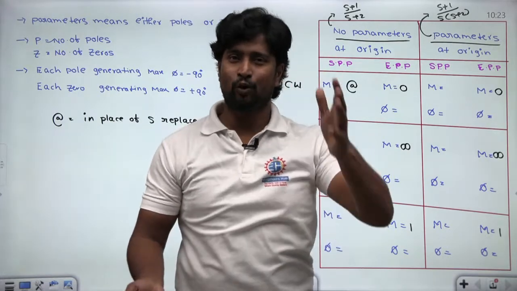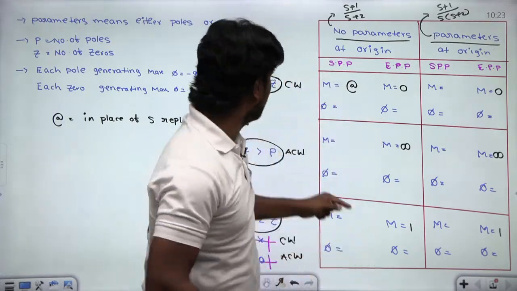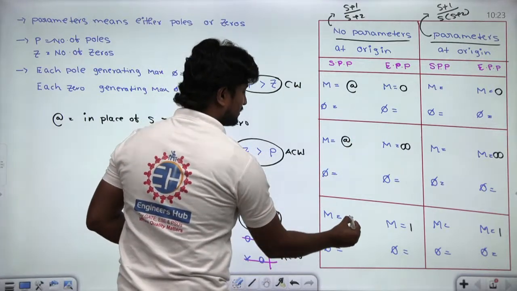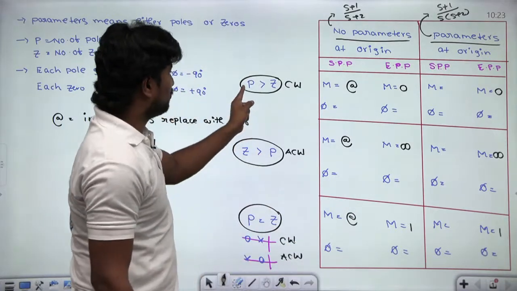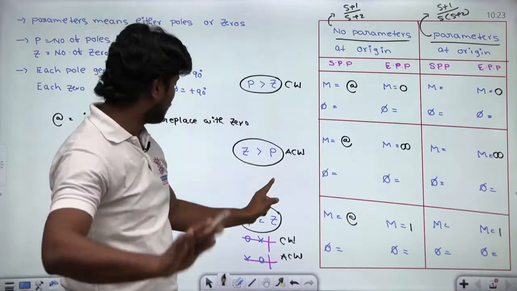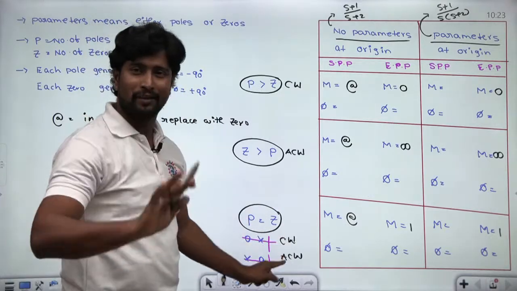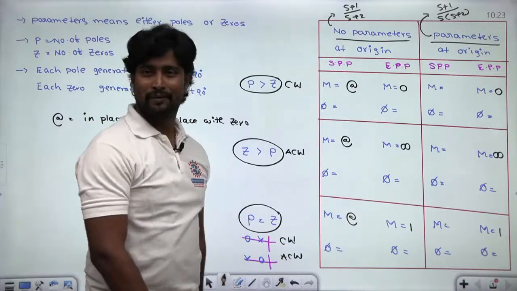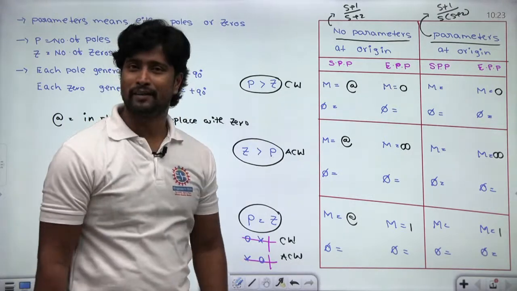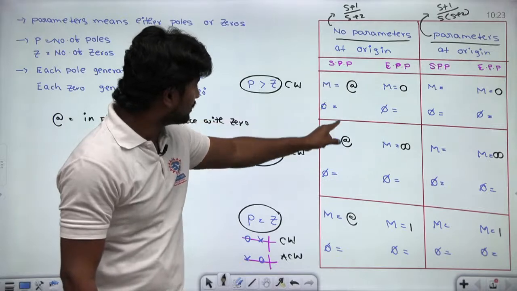This logic is common, guys, for this case and this case and this case. Whether the poles are dominating, it's not a matter. Whether the zeros are dominating the poles, it's not a matter. If poles equal zeros, it's not a matter. So whatever the case, always in place of s, replace with 0.